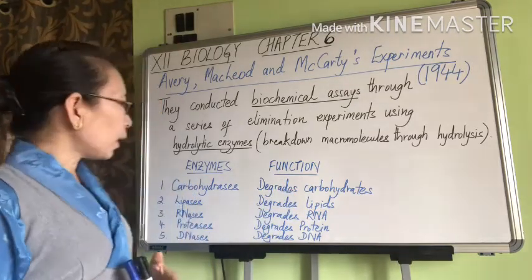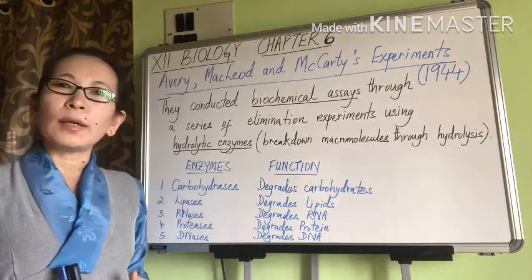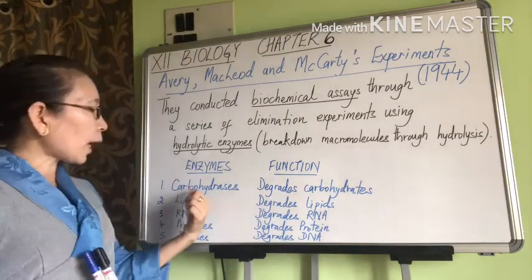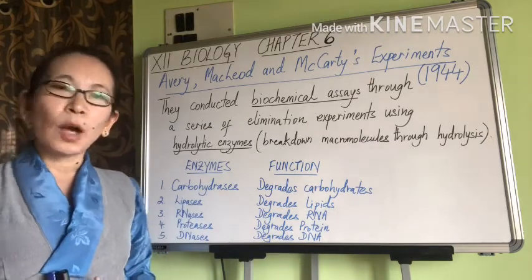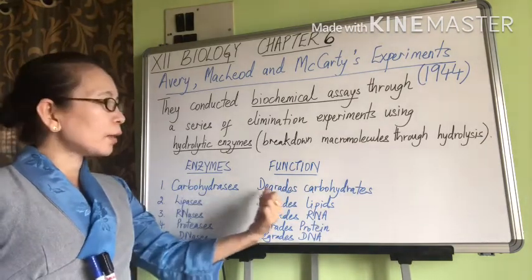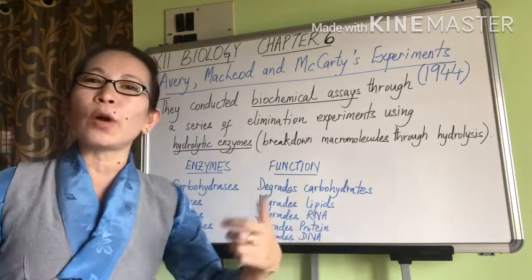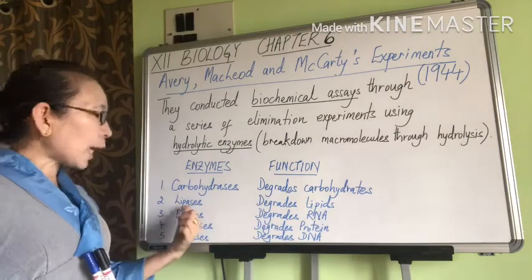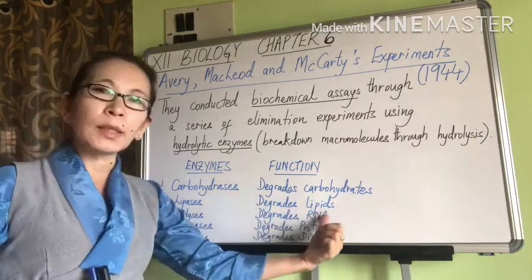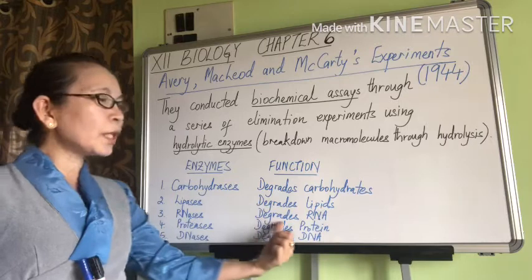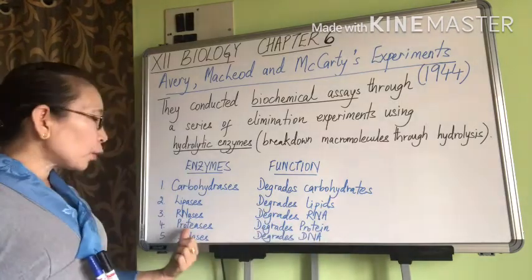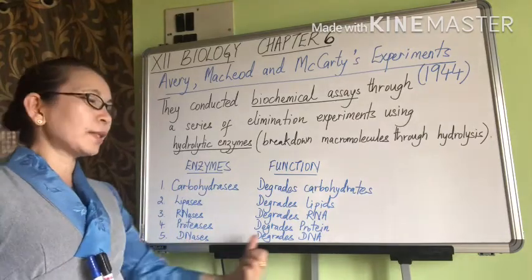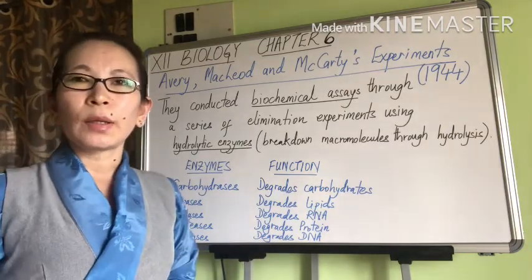For instance, heat-killed S strain bacteria were treated with carbohydrases. On addition of carbohydrases, these enzymes would degrade all of the carbohydrates in the S strain bacteria. Similarly, they used lipases to degrade lipids, RNases to degrade RNA, proteases which degrade all the proteins, and DNases that degrade DNA.